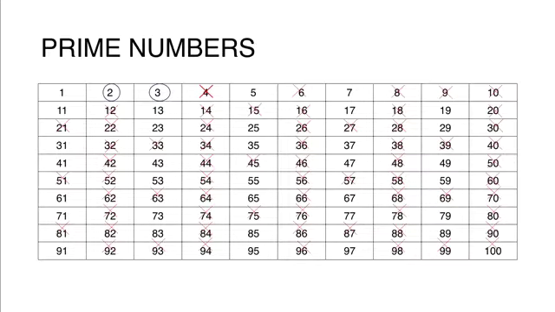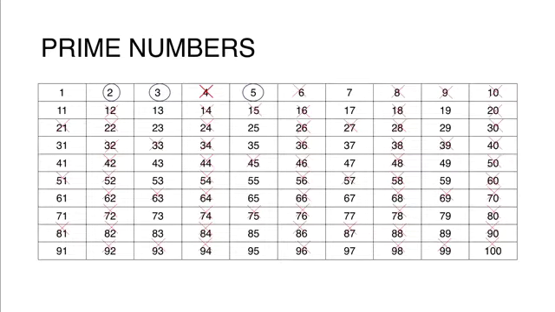Now, what is the next number you should circle? It is, of course, 5. So circle the 5 and cross out all the multiples of 5. Now, many of those have already been crossed out, for example 10, 15, 20.